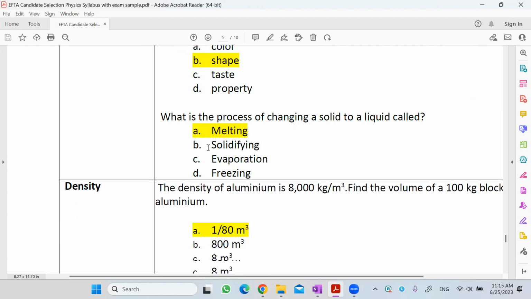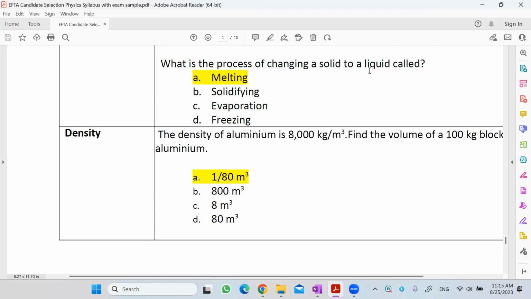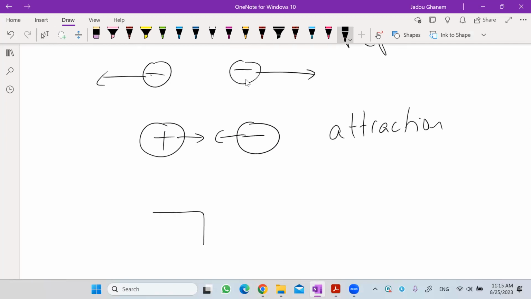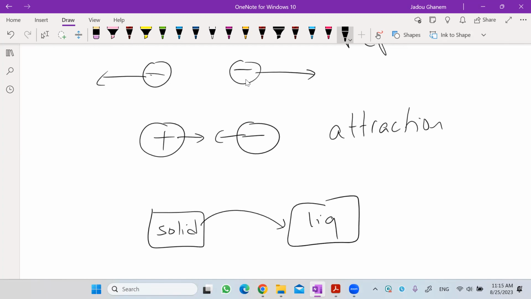What is the process of changing a solid to a liquid? If you want to draw it as a quick diagram, from solid to liquid to gas.